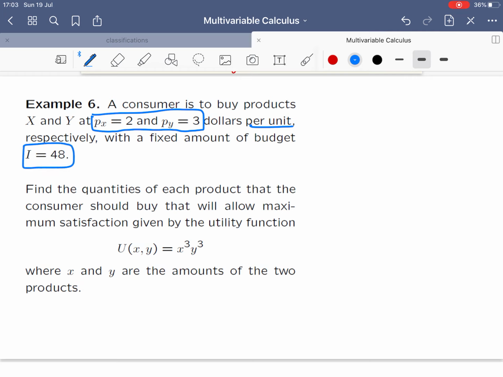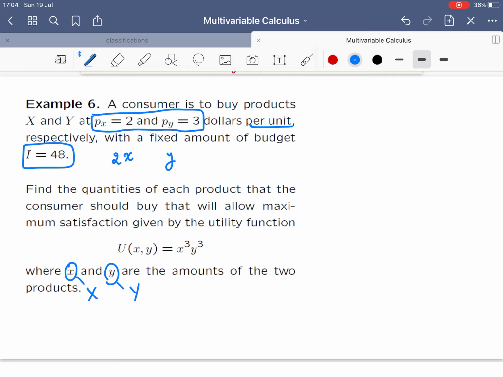It means that x is the amount of product x, and y is the quantity of product y. If you buy one unit of x, you pay $2, so if you buy x units, you have to pay 2x.